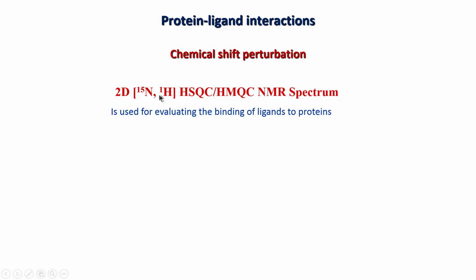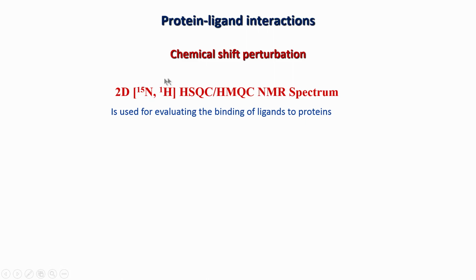Typically, chemical shift perturbation means we are trying to find out which chemical shifts are changing in an HSQC spectrum. Specifically, we use N15 proton HSQC. N15 proton HSQC or HMQC can be used, and then we titrate, meaning we add the ligand and monitor the changes happening to the protein signals.